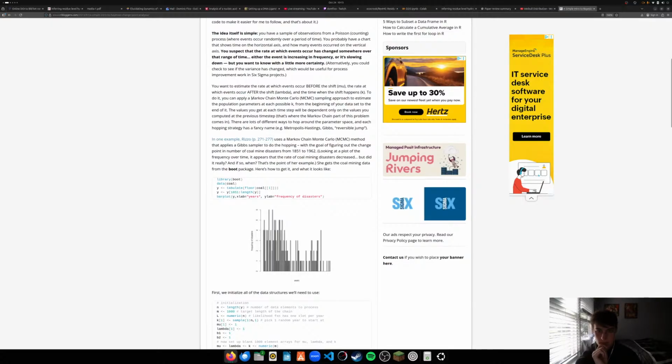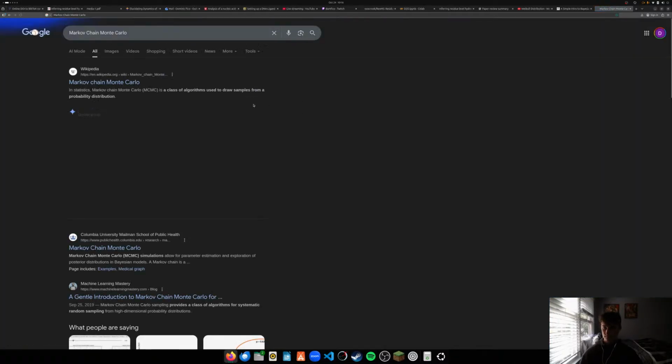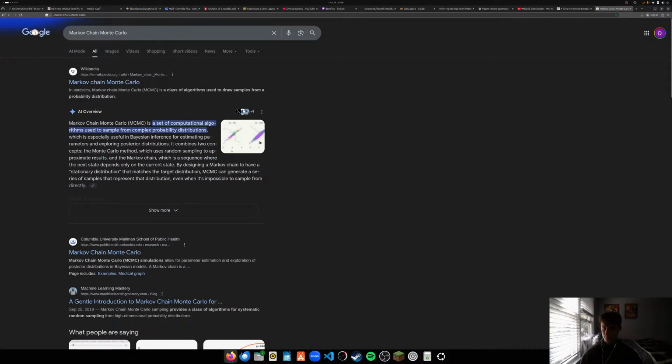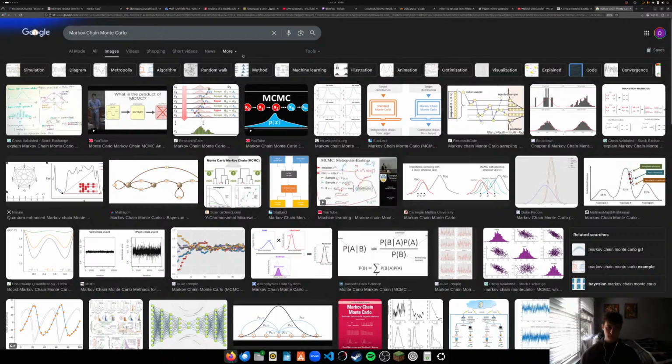To do that, you apply a Markov chain Monte Carlo sampling approach to estimate the population parameters for each possible k, from the beginning of the data set to the end of it. The values you compute at each time step will be dependent only on the values computed from the previous time step. I know Markov chain Monte Carlo is used for modeling stocks. So it's like at each time point there's a distribution of possibilities.